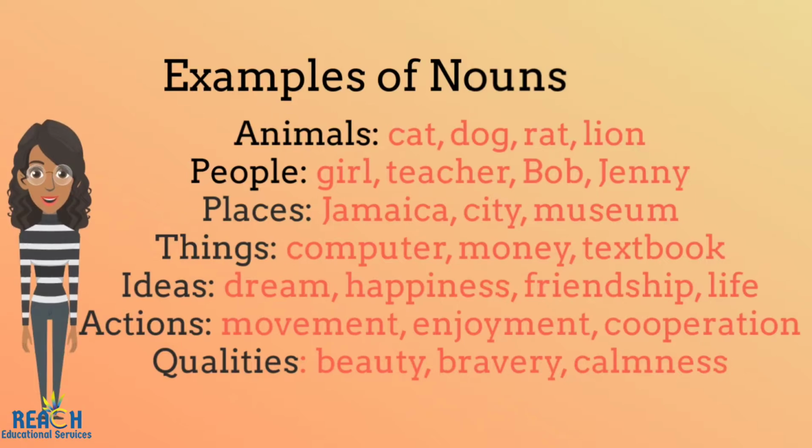Now that we know some examples of nouns, I'm sure it will be far easier for us to identify nouns whenever we speak or hear them or see them in sentences, books, wherever.